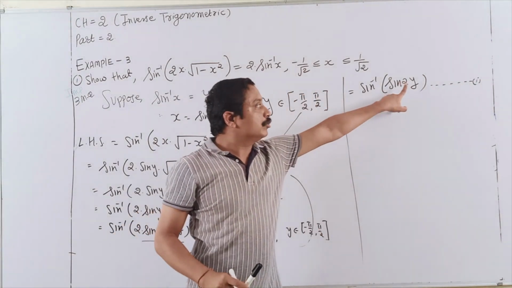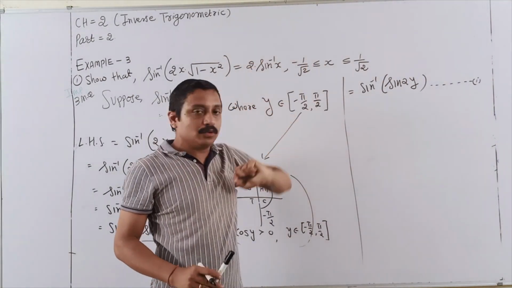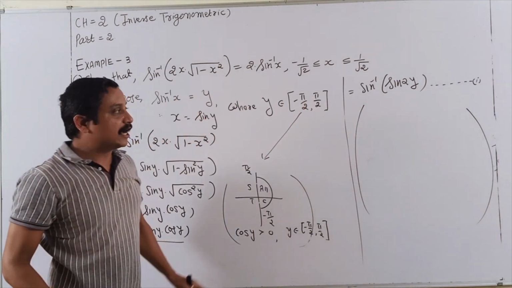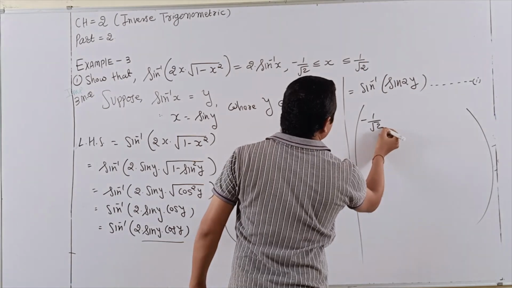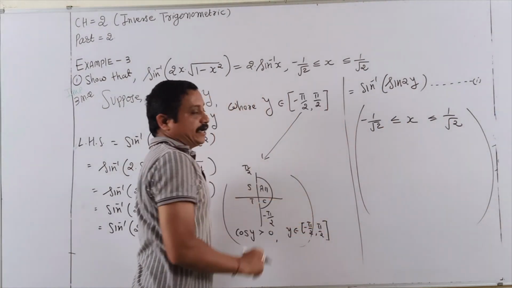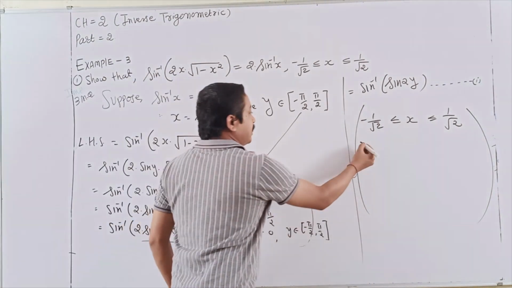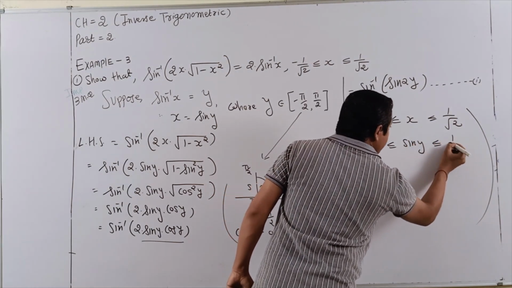Taking this as statement number 1, now I check whether this 2y is present in the range of minus 1 by root 2. So here I go to the sufficient condition checking, and after that I find 2y. According to the condition, minus 1 by root 2 to plus 1 by root 2 is your x, and x I already know is sin y.